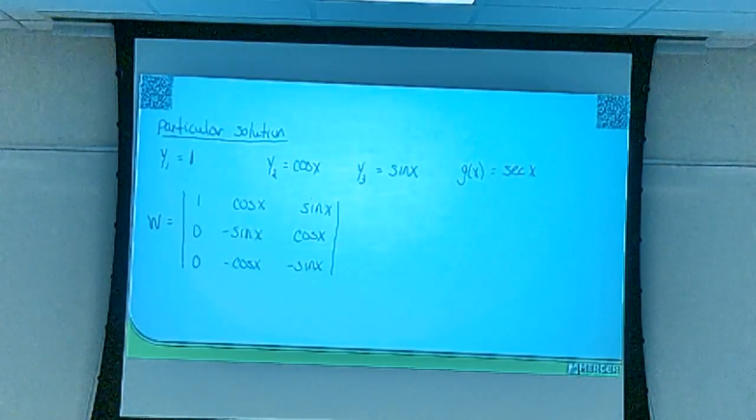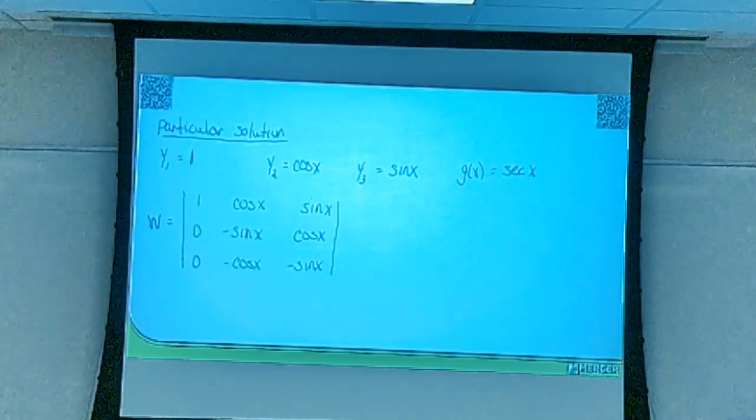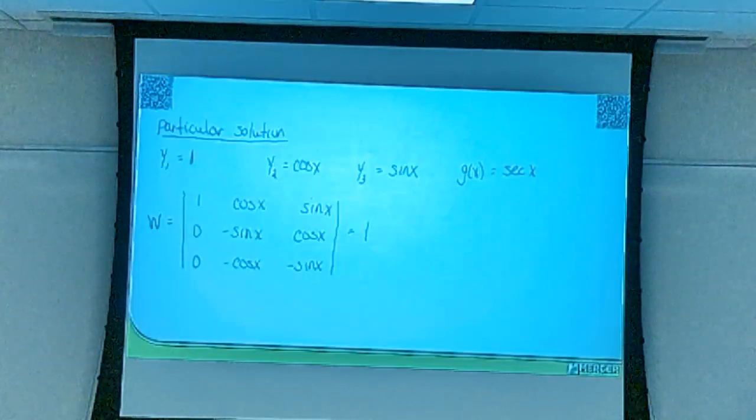The Wronskian should be 1. It is. Right, it's 1 times sine squared plus cosine squared.